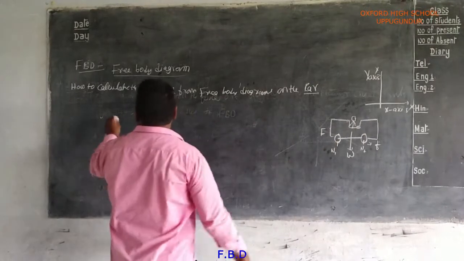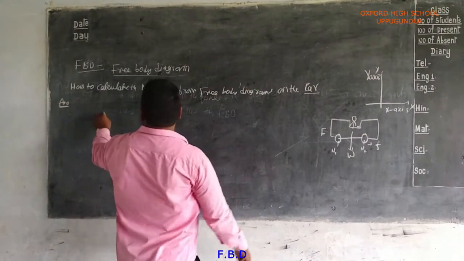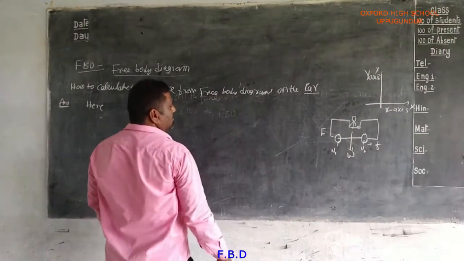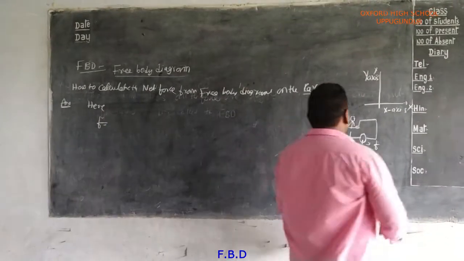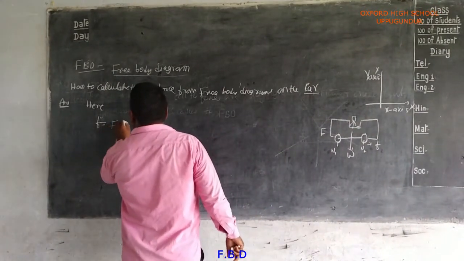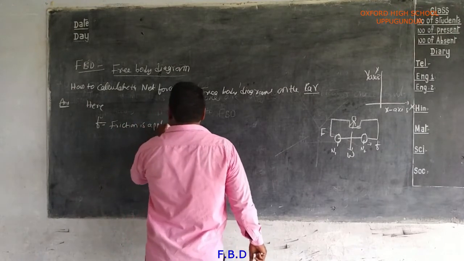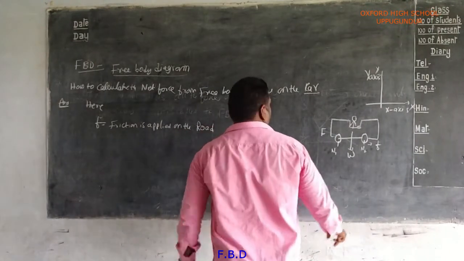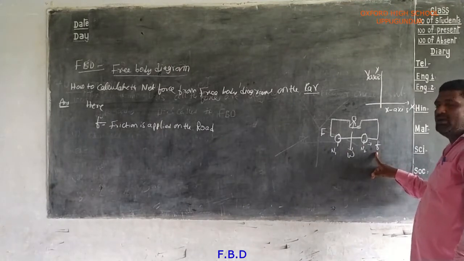Now we will explain the terms here. Small f is equal to friction applied on the road.